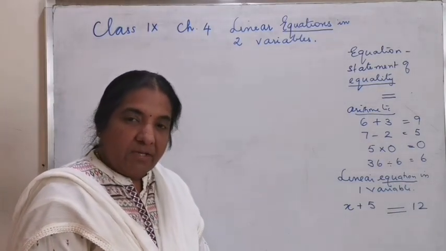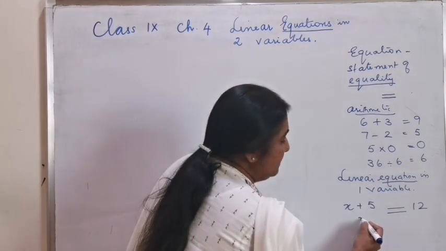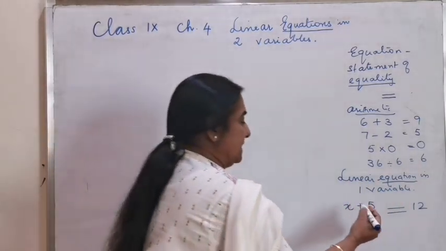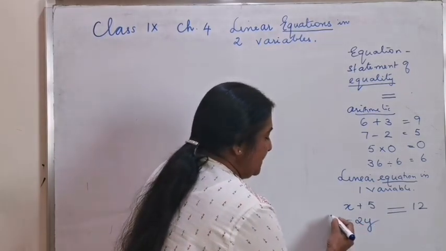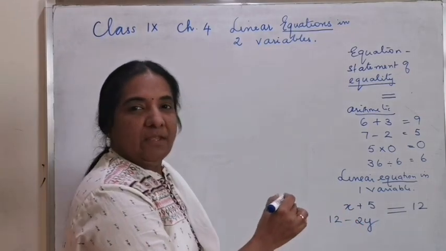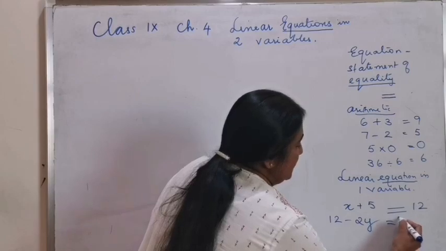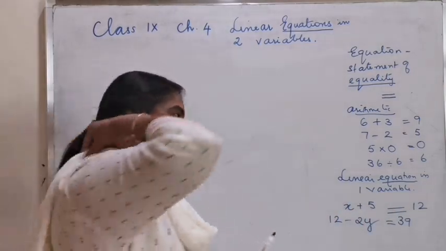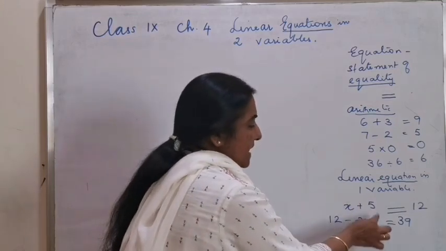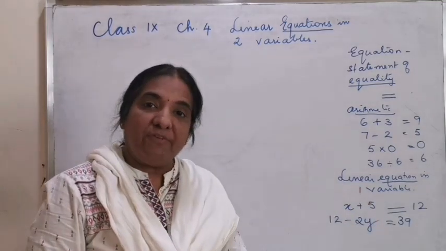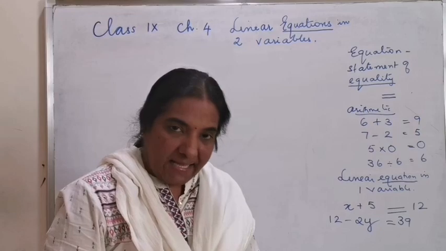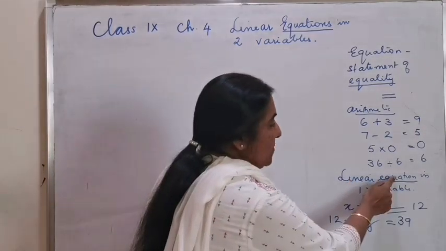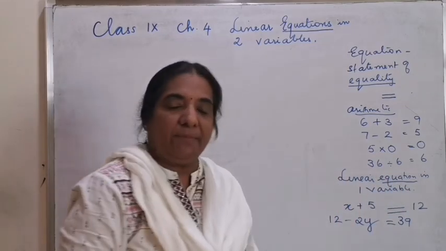Similarly, twice a number subtracted from 12 is 39. And when you observe here, the degree of the variable, or the power of the variable, is 1, and that is why they are called linear equations in one variable.